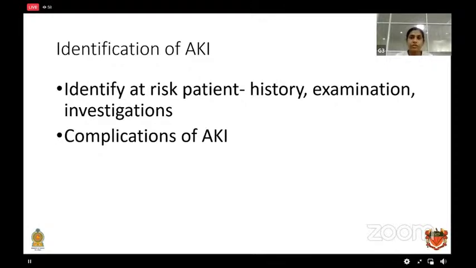You have to get the relevant history and examination as you did in medical faculty. I'm not going into details, you know how to take history and examination. Then investigations and complications of AKI are also important, because AKI is not just damaging the kidney. All our organs are interlinked, so it can cause other complications, and you have to know those things.